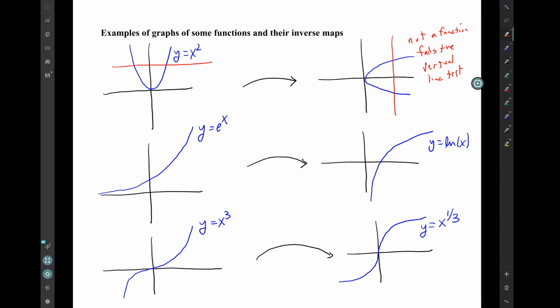So it's because the graph of y equals x squared fails the horizontal line test for injectivity that the graph of the flipped equation, this is the graph of x equals y squared, is not a function of y in terms of x because it fails the vertical line test. We see that since y equals x squared is not injective, when I interchange the x and y coordinates, I get a new graph that's not the graph of a function.